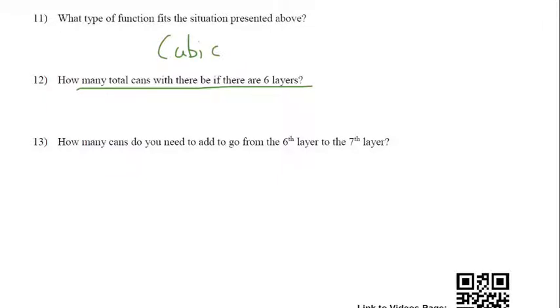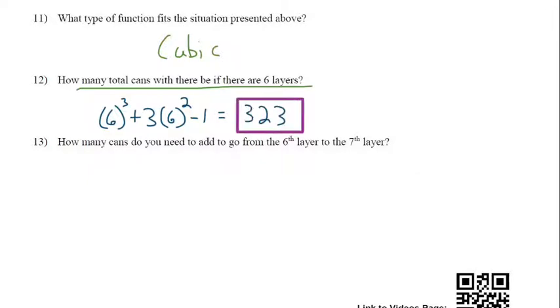If I want to know what y is when x is 6, that's 6 cubed plus 3 times 6 squared minus 1, and that equals 323. So if the tower was six layers tall, there would be 323 cans in the tower.